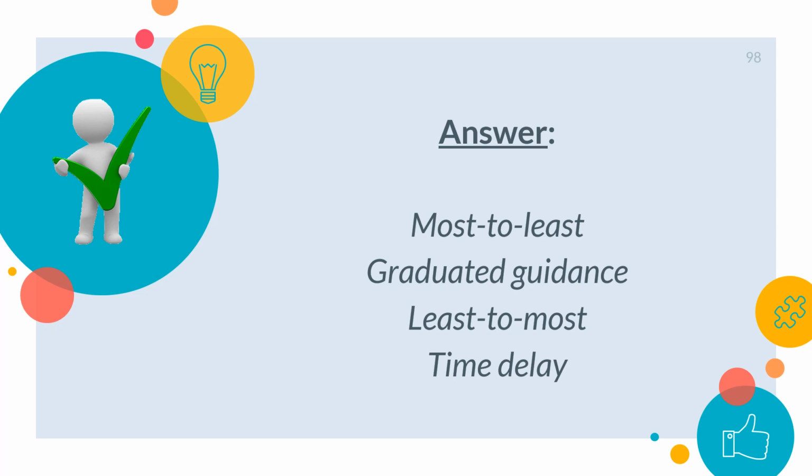On your homework sheet, fill in either most to least, or MTL, graduated guidance, least to most, or LTM, or time delay. I'll now give you some time to get that filled in.